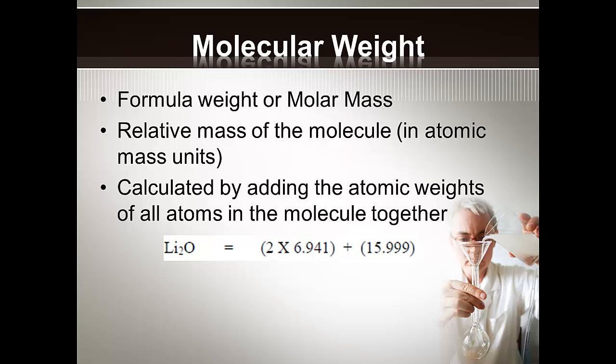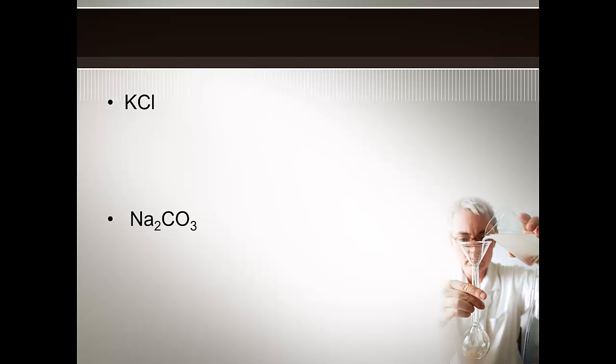For example, lithium oxide can be calculated as 2 times 6.941, lithium having a weight of 6.941, plus oxygen, which is 15.999, to give us 29.881 atomic mass units. Also, we could say 29.881 grams per mole. So let's calculate the atomic weight of potassium chloride.